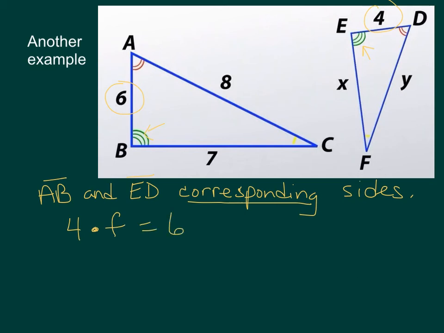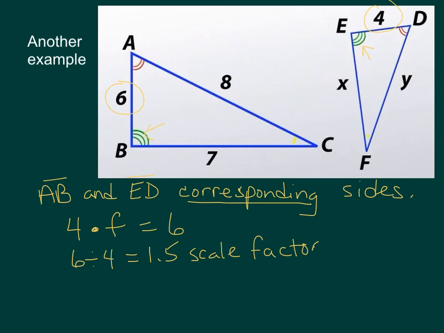So ask yourself, 4 times what number is 6? You could also work it backwards and do 6 divided by 4. That is 1.5. So that means 1.5 is my scale factor. So 4 times 1.5 is 6.